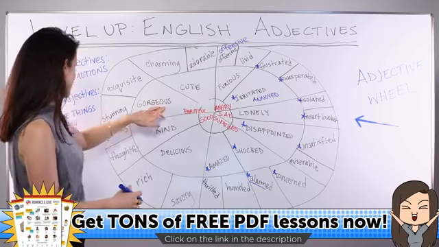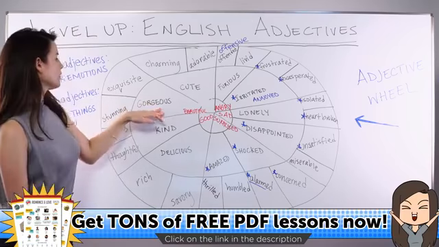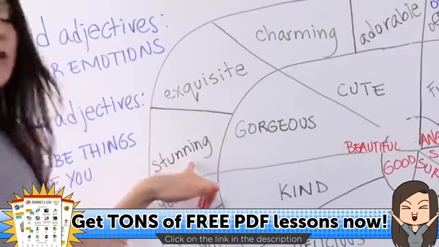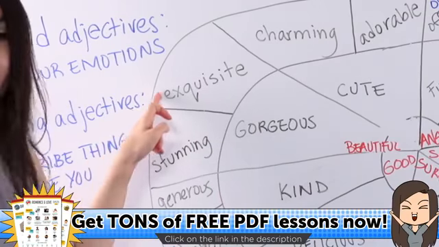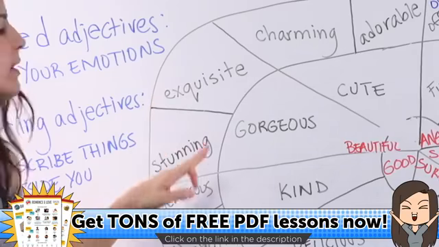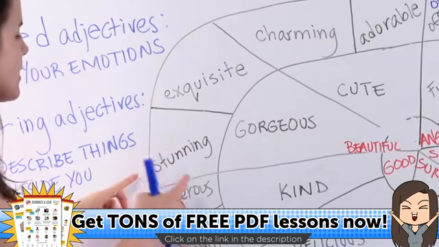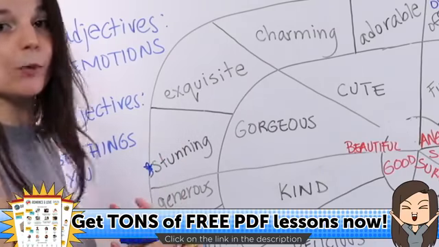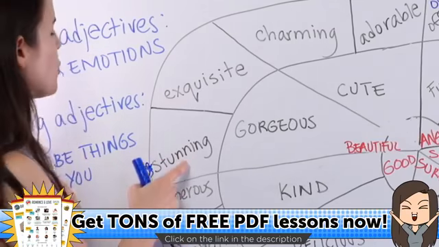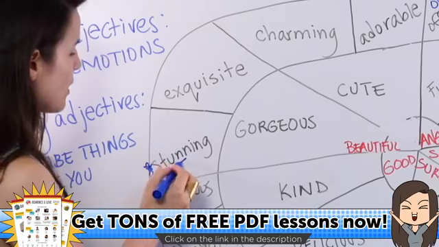Inside gorgeous then, I chose two adjectives. I chose stunning and exquisite. Let's start with stunning. We can use this in the ED form as well: I was stunned. The root here is stun.